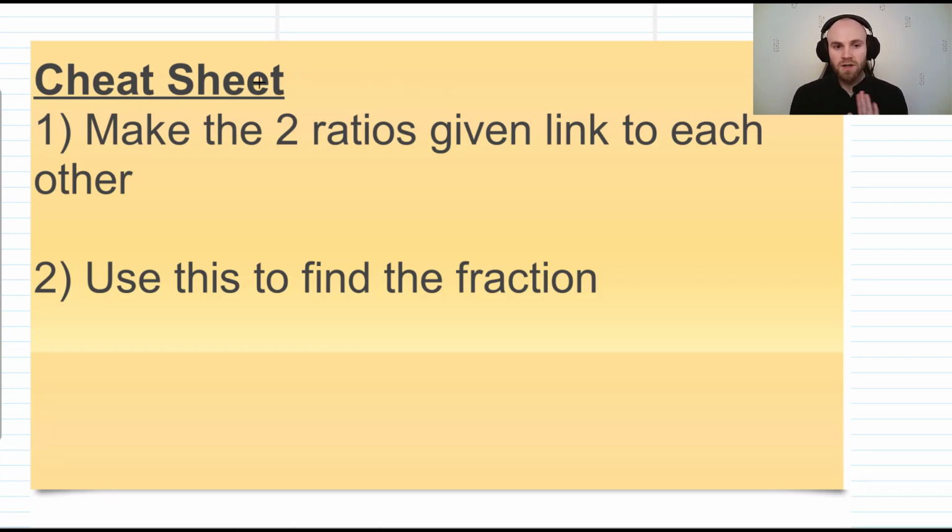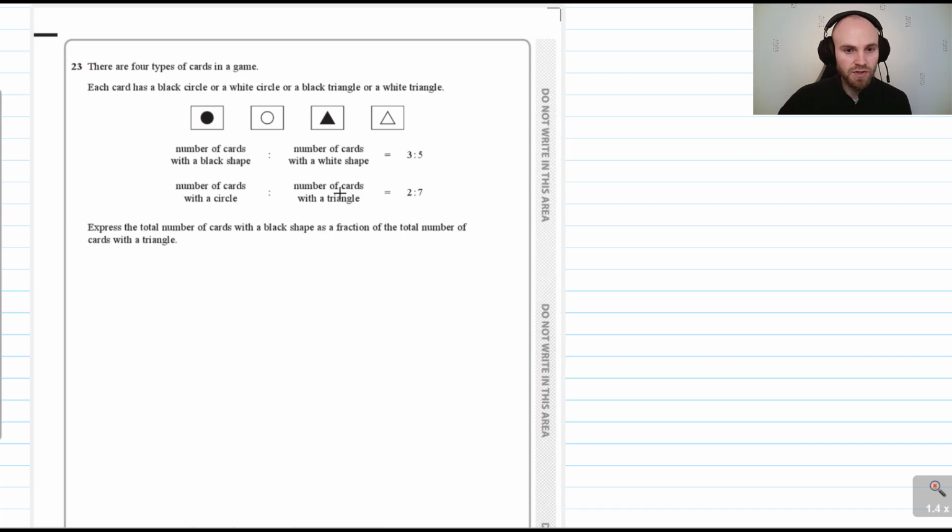What we're going to do here is make the two ratios given link to each other by making them equal, if possible. And we're going to use this information to find the fraction that we need to find. So, when we're looking at the number of cards with a black shape and the number of cards with a white shape, this is given in the ratio of 3 to 5.